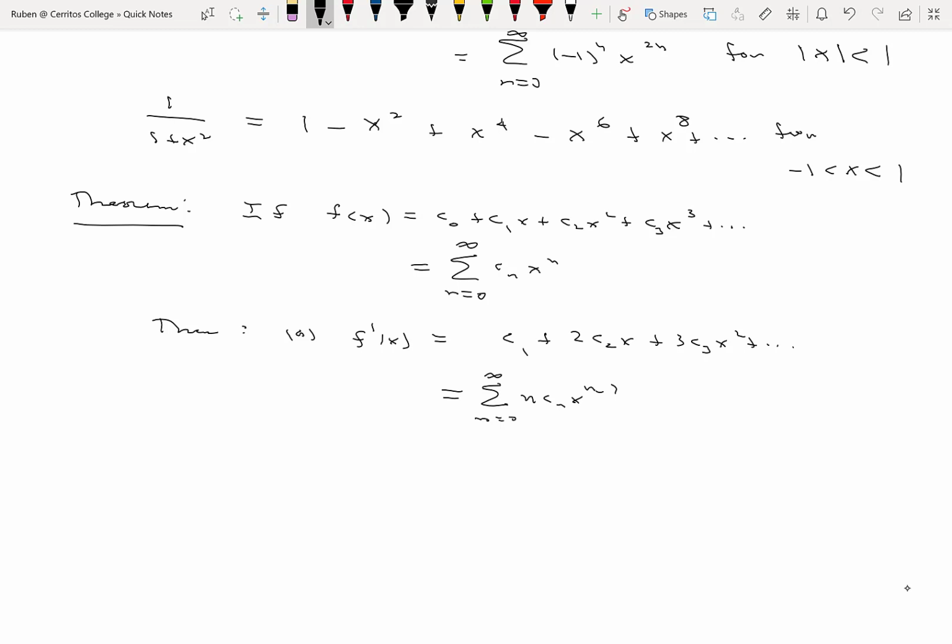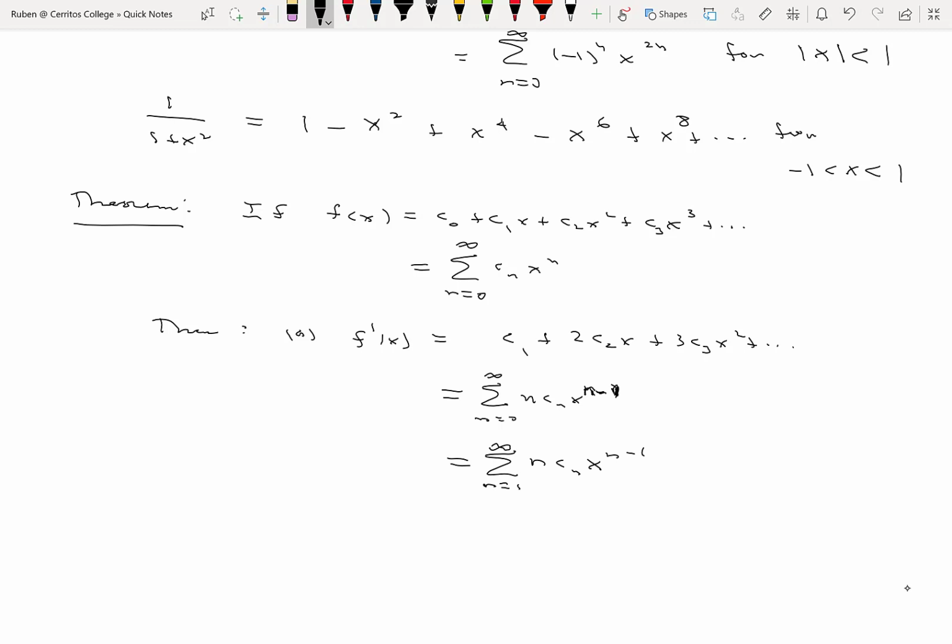Now I can make an adjustment to this, though, that may not be clear. All I did was I brought down the power in the sigma notation, decreased the power by 1. But this is better written as n goes from 1 to infinity, n cn x to the n minus 1.